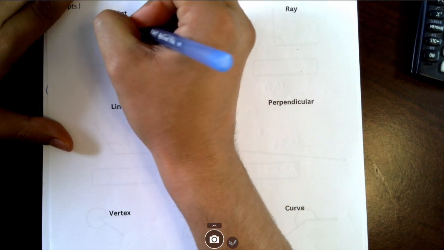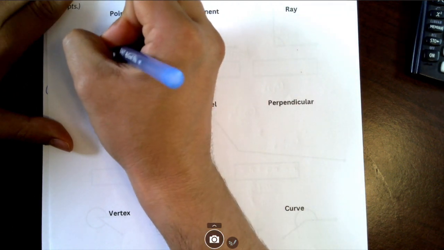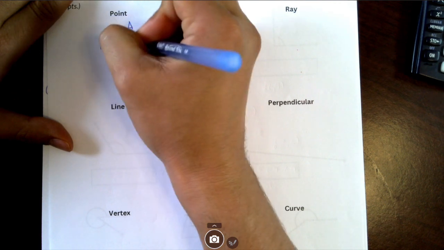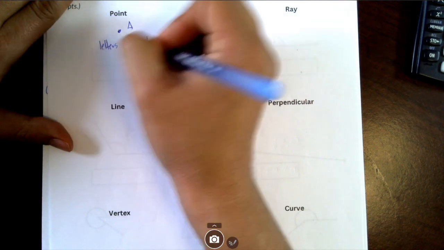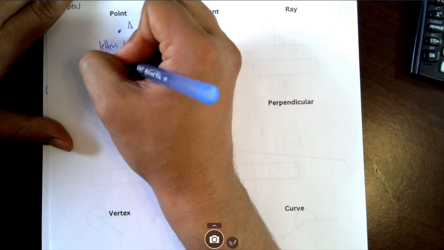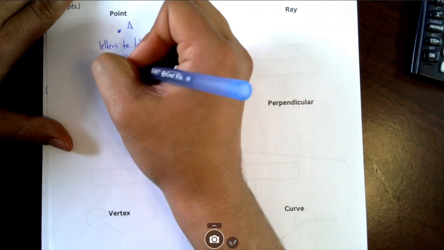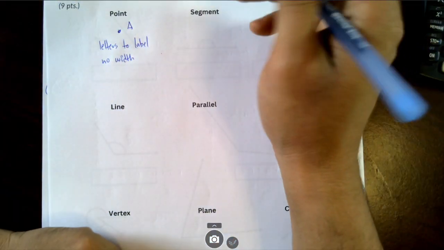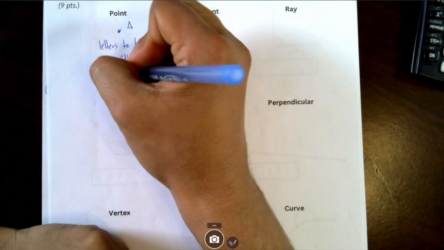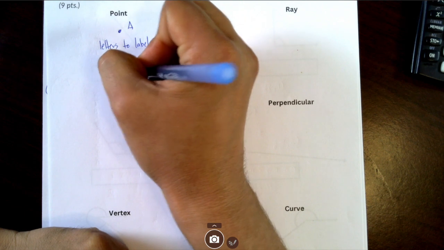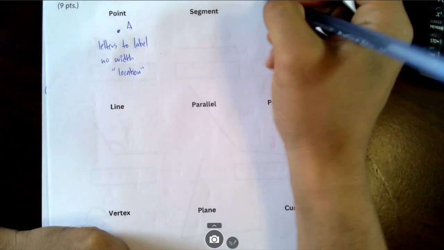Points are usually labeled with letters. Remember, they have no length, no width. They're basically just a location.